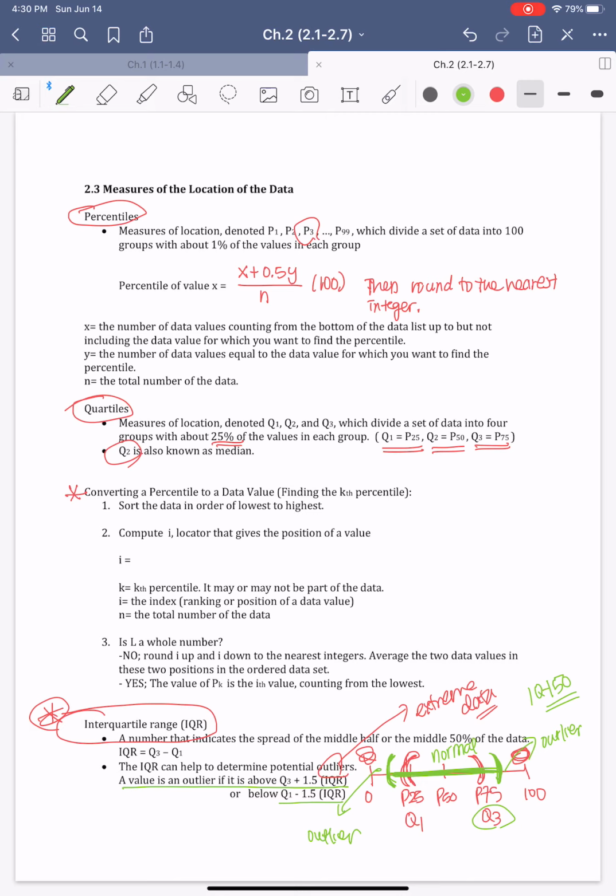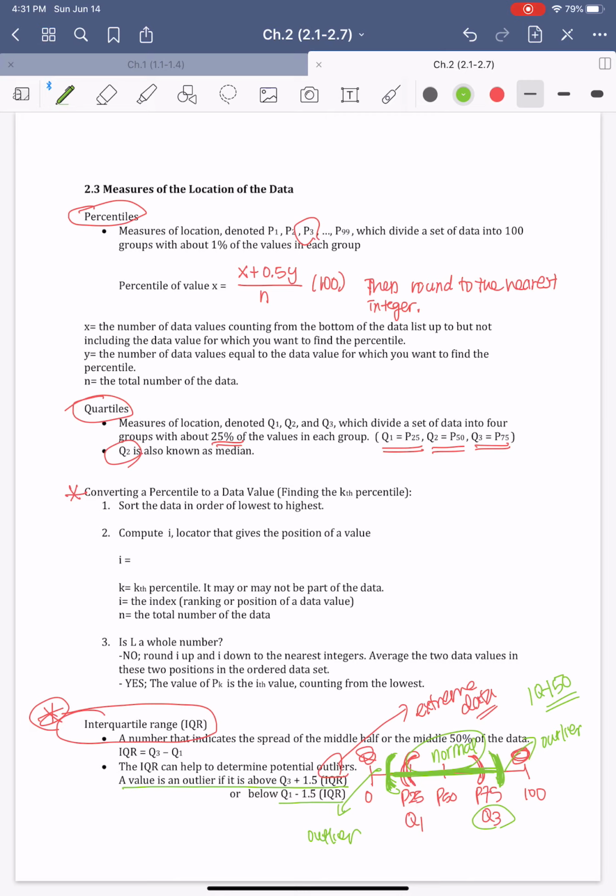Then you need to calculate these two numbers, which are the boundaries, and then see if 150 is inside or outside. If it's inside, it's still normal. If 150 is above that normal range, then we call it an extreme value. We'll also check the outlier on the next example.